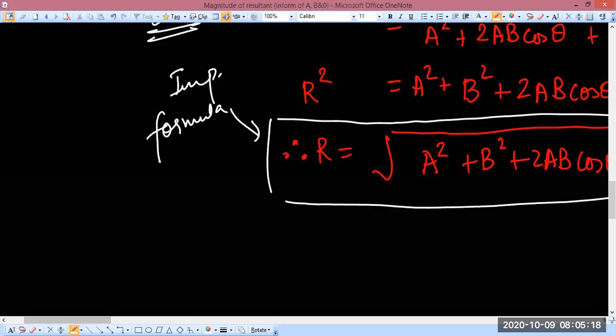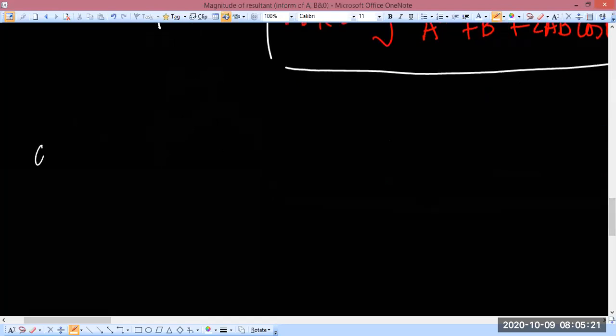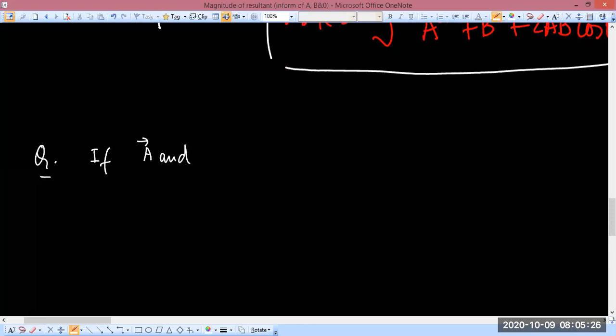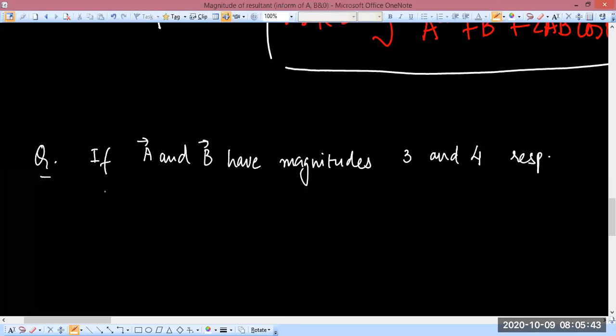Let's say that A vector and B vector have magnitudes 3 and 4 respectively, and the angle between them is, for example, 60 degrees.